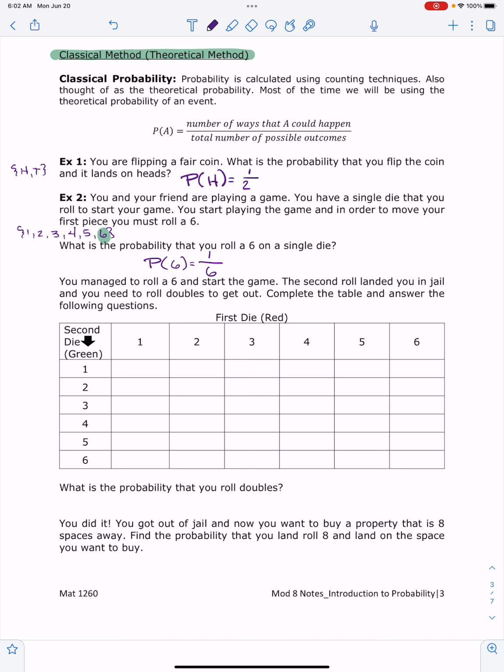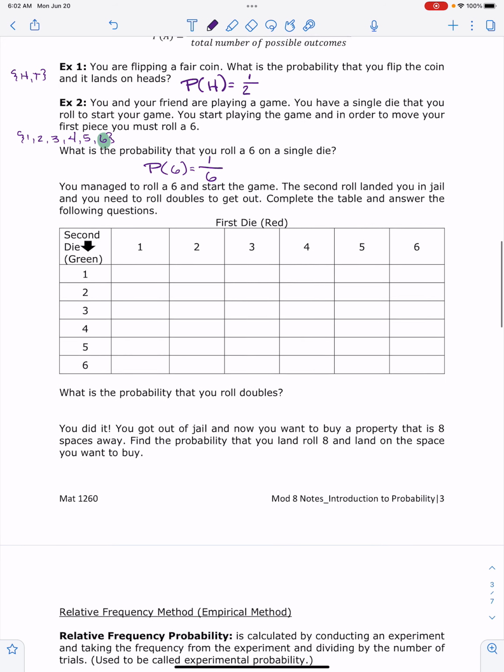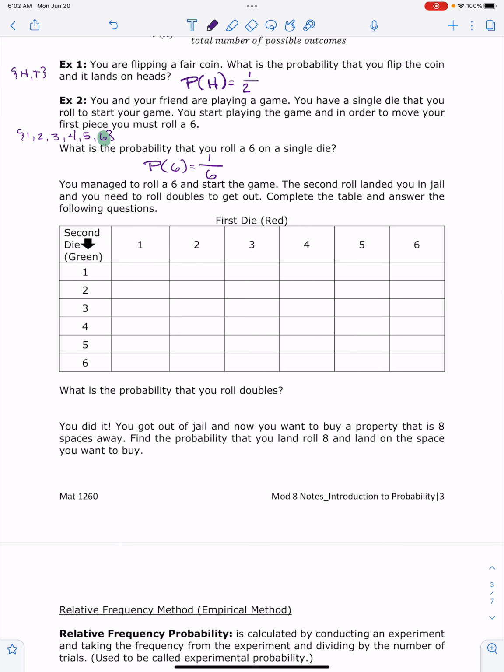So we roll a 6 to start. And now we're rolling 2 dice. We're in jail and need to roll a double to get out. So I am going to fill in this table of all the possible rolls of two dice, and I'm going to be very specific about using 2 different colors.